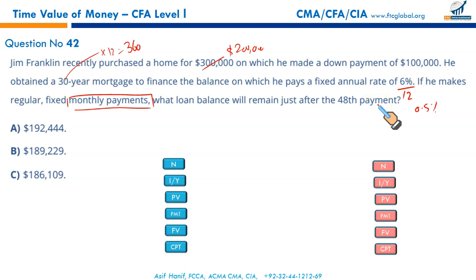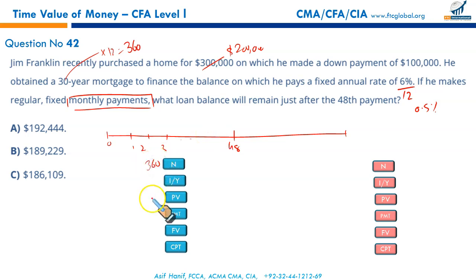It's a good question indeed. Okay, so if we draw a timeline starting from 1, 2, 3 and so on till 48, we will first have to calculate the periodic payment. There are 360 periods. Interest rate is 0.5.